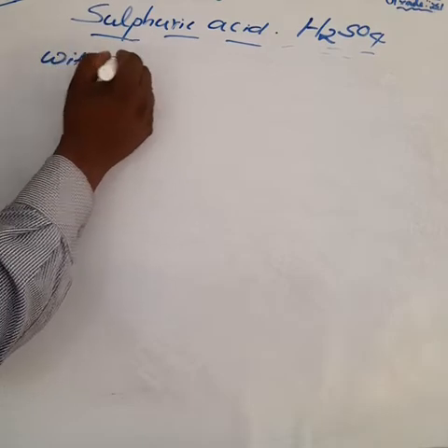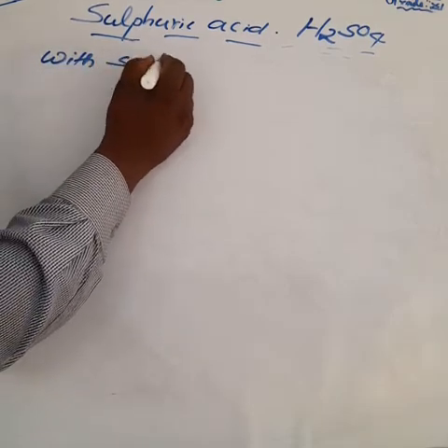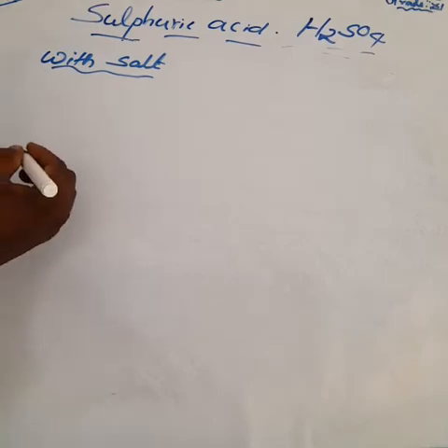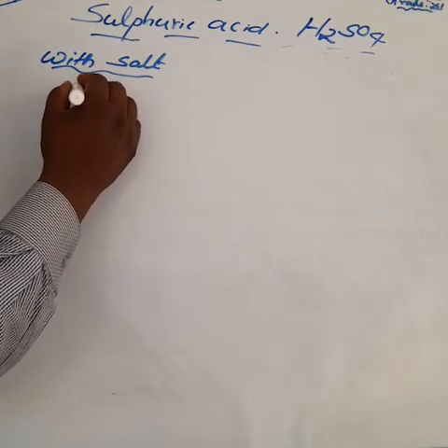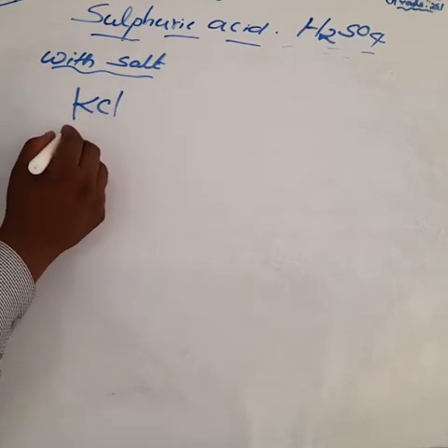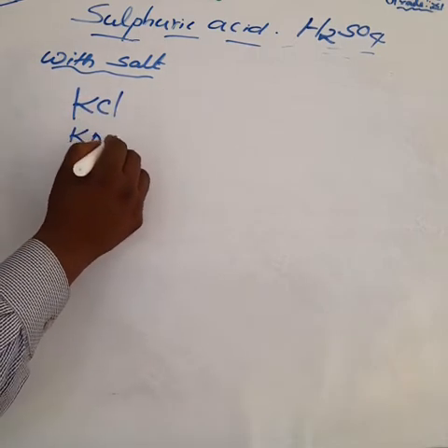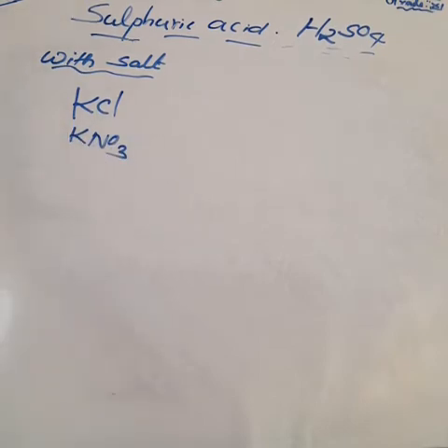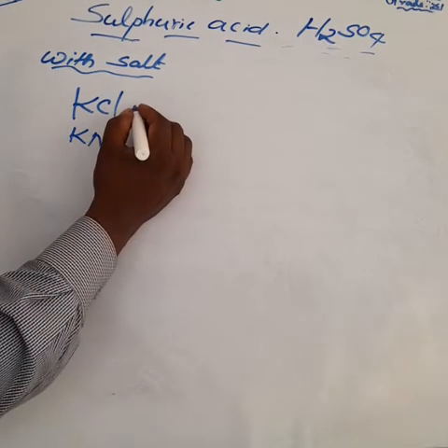Here what happens? Sulfuric acid reacts with the salt. I am taking here 2 salts. One is potassium chloride, another one is potassium nitrate. What is the formula of potassium chloride? KCl.